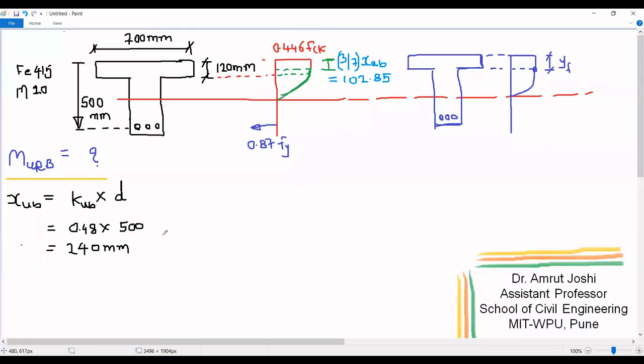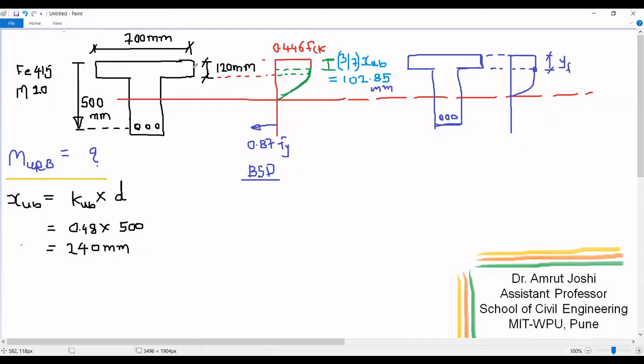So for XUB equal to 240 mm, I have drawn the bending stress distribution diagram of the section. As we can see, the stress distribution diagram on concrete side is parabolic and then rectangular. We have already calculated the distance up to which the stress distribution diagram is going to be rectangular, and that is 3/7 XUB. 3/7 XUB with this value of XUB turns out to be 102.85 mm.